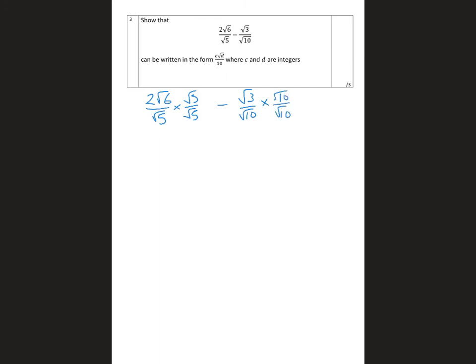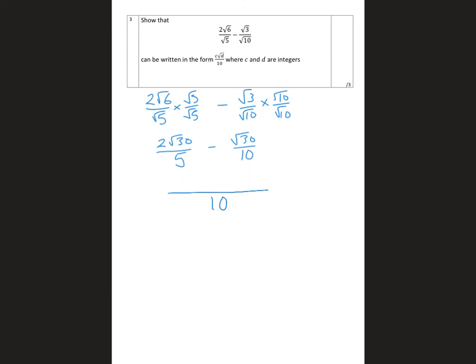So for the first one, I get 2 root 30 over 5, take away root 30 over 10. Now to take them away, I need a common denominator. So let's get a common denominator of 10.